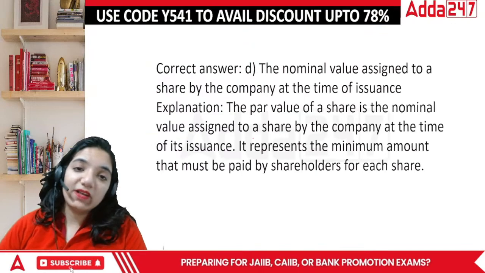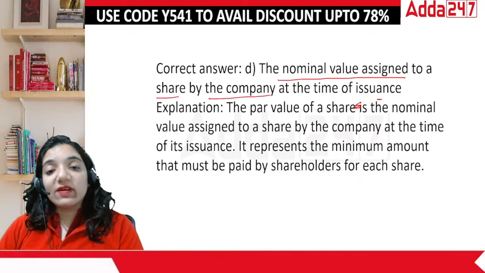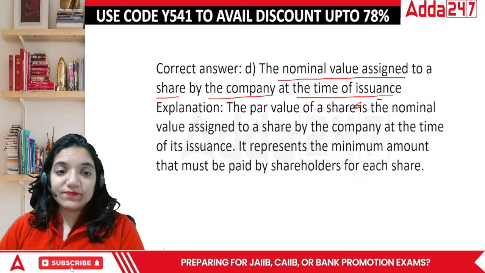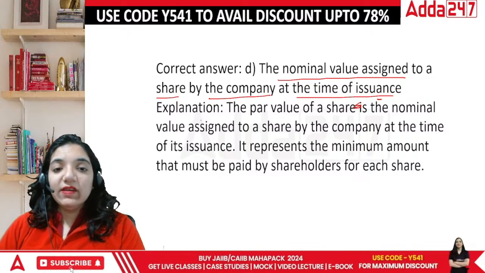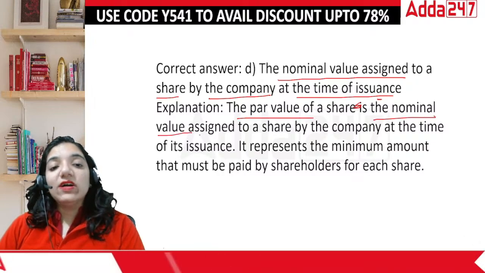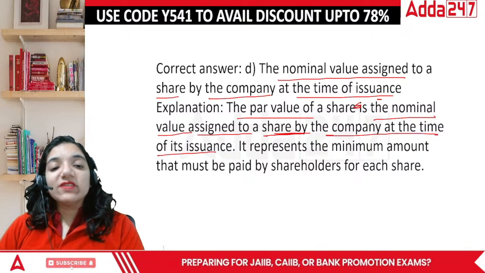This is what the books of accounts say. The nominal value assigned to a share by the company at the time of issuance is called the par value. The par value of the share is the nominal value assigned to the share by the company at the time of its issuance.